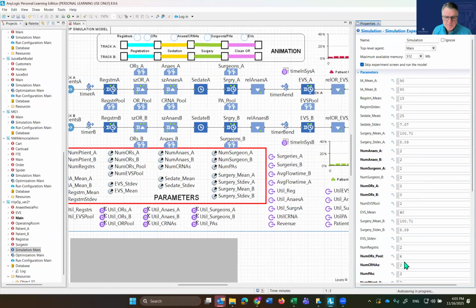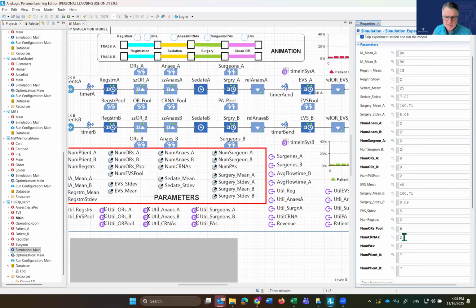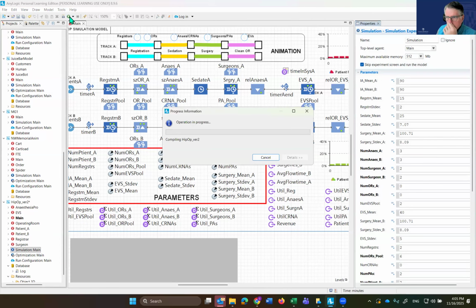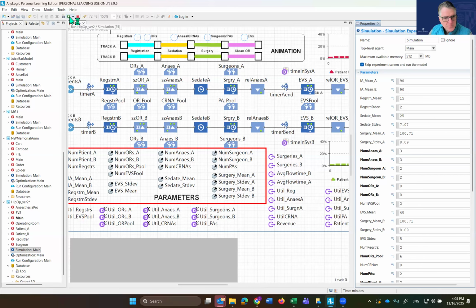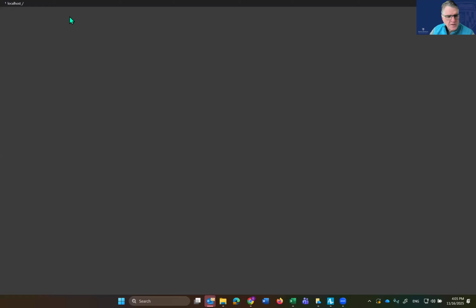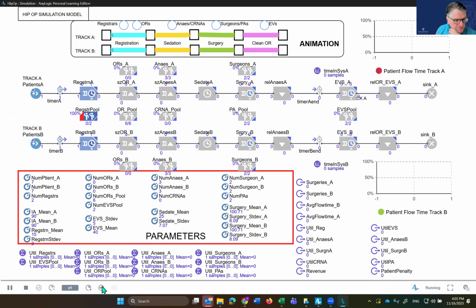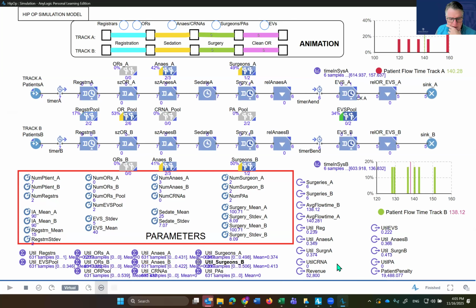I'm going to leave the PAs at 2. I'm going to take the CRNAs down to 0, but I am going to add dedicated anesthesiologists, one in each track. Okay, so I'm kicking up payroll substantially here, but maybe we're going to get compensated through the extra two ORs. Okay, let's run this to completion.